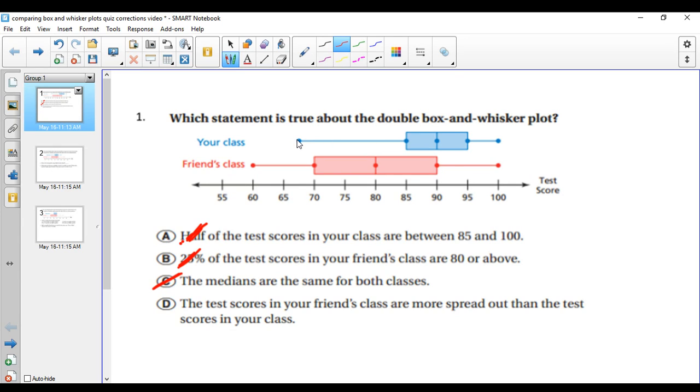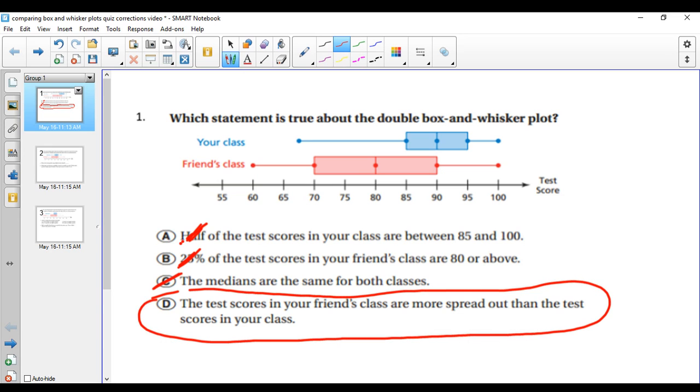And then your class, it looks like it's in between 65 and 70, so 67.5 to 100. So that's going to be definitely a smaller spread in your class, which would make this true that your friend's class has data that is more spread out because the box and whisker plot is longer and it has a bigger range.